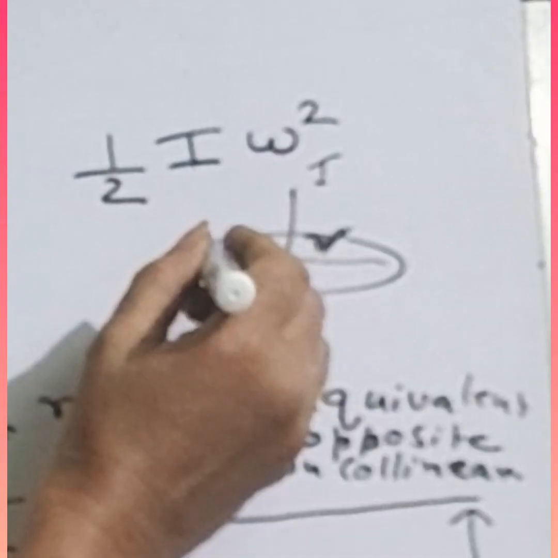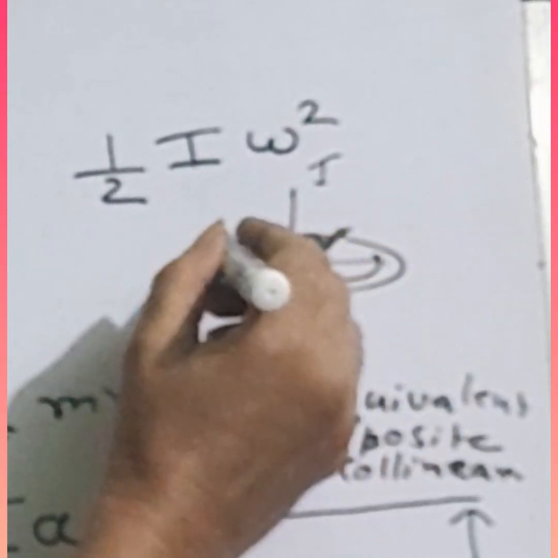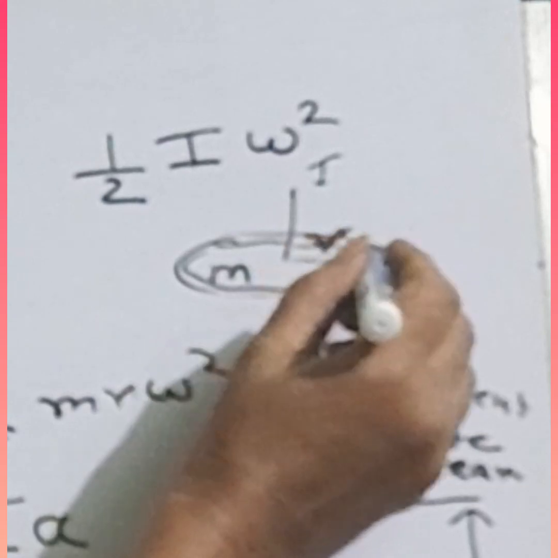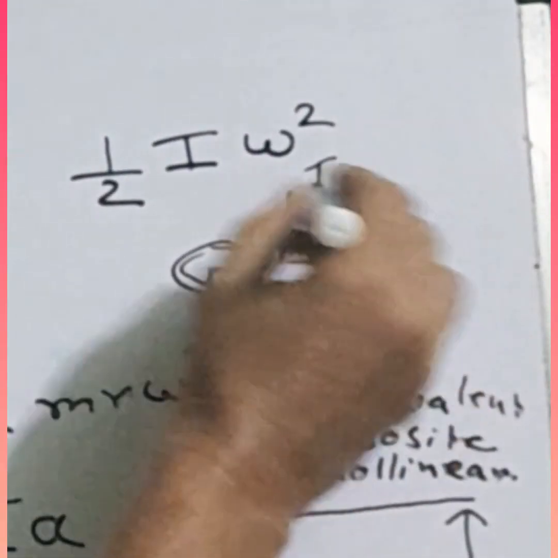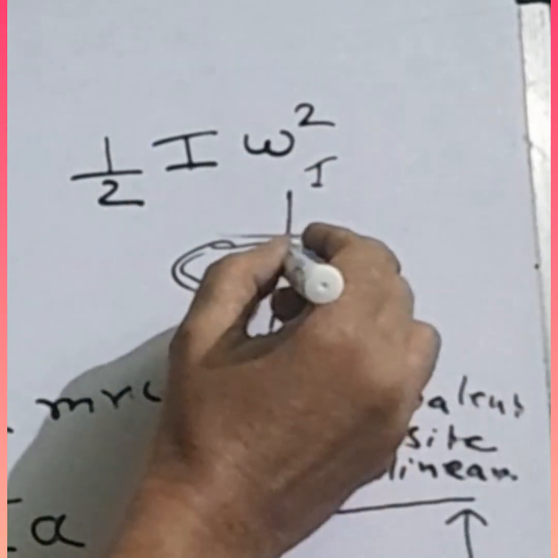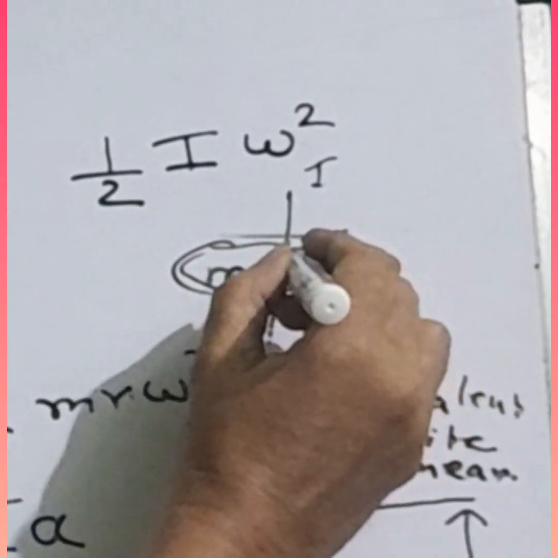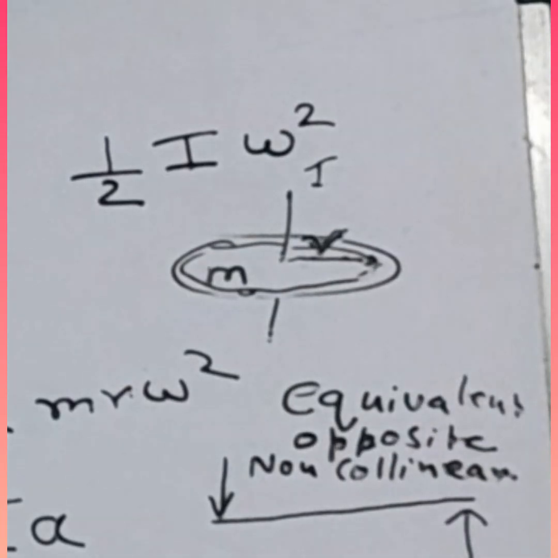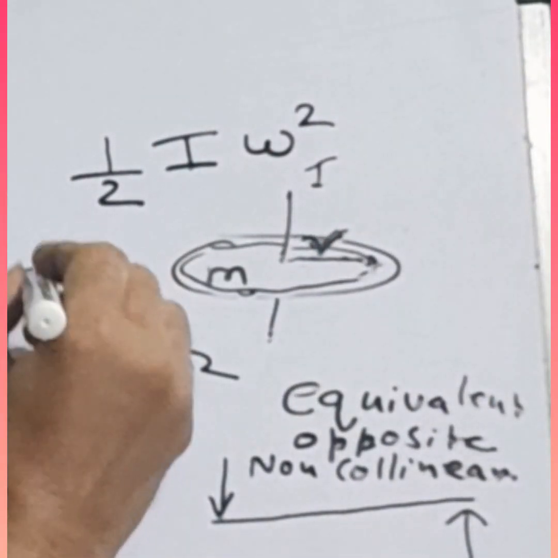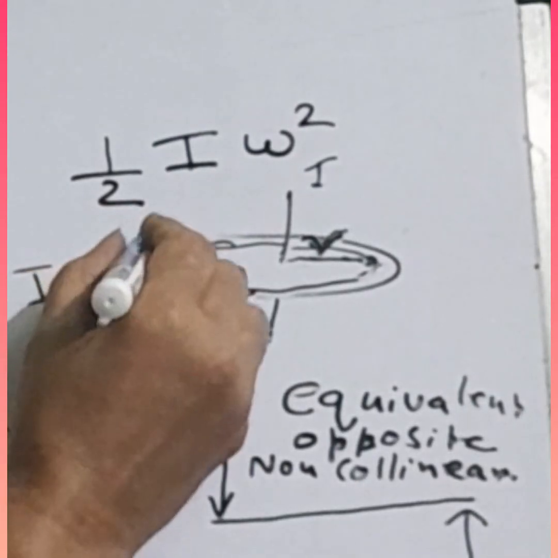Now suppose it's a ring. You have got mass of the ring rotating, and suppose this is the radius, then what would be its moment of inertia? Its moment of inertia would be mr square.